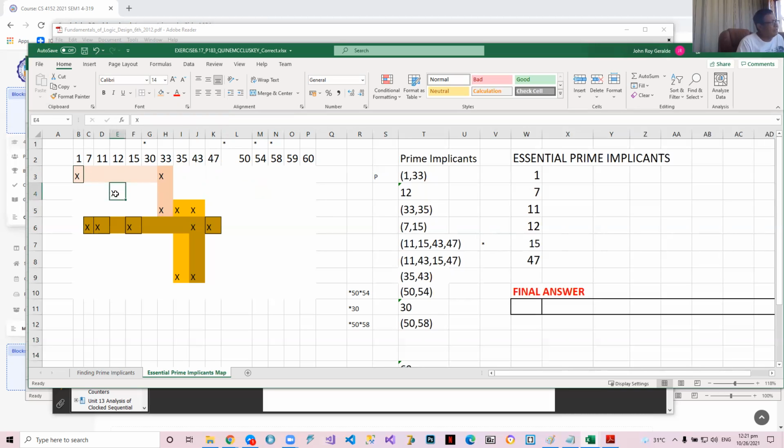But this is really prime. I'll just check this. Can you give me time to check this? I'm a little confused here because I'm not sure if I consider this prime or this whole thing prime. But if you consider this prime, that's 133. But this is already a prime implicant.